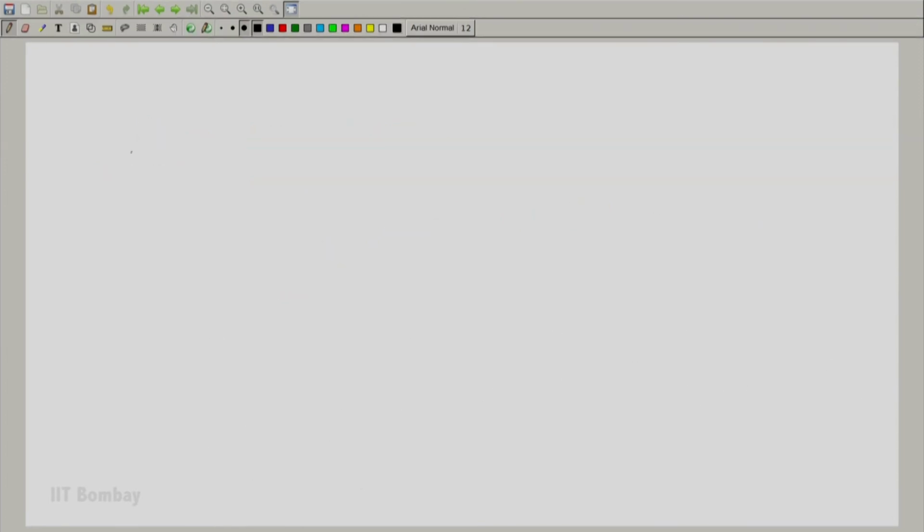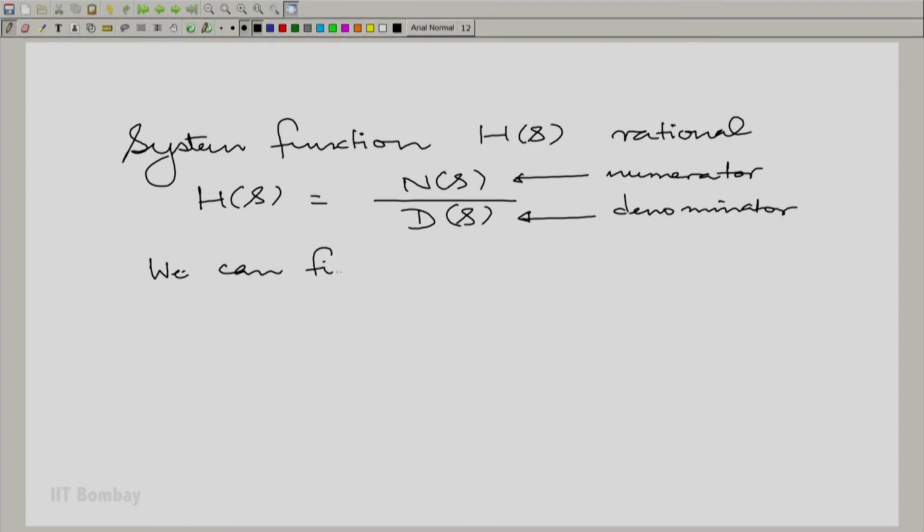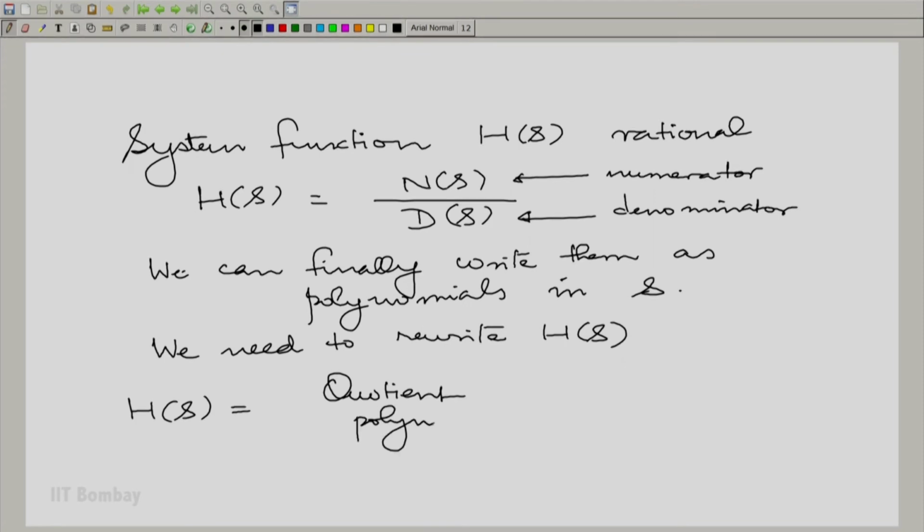So, if you look at the system function, we look at its numerator and denominator. Both of them can be expressed ultimately as finite series in s, and ultimately we can write them down as polynomials in s.